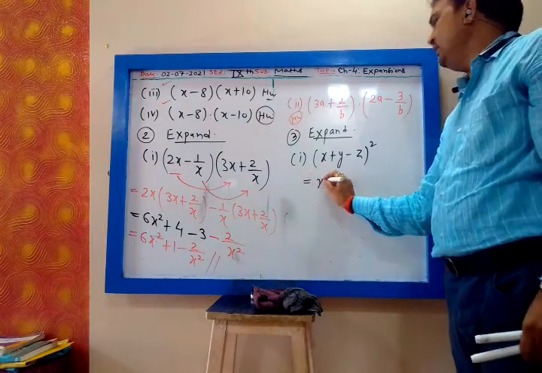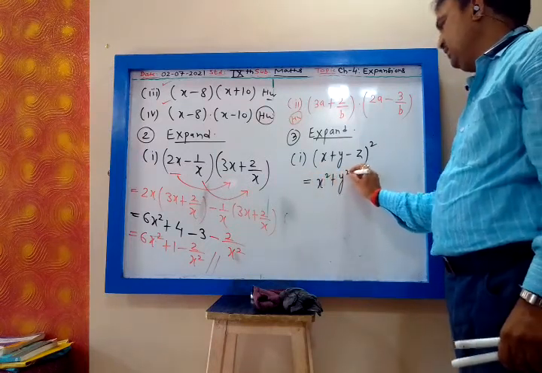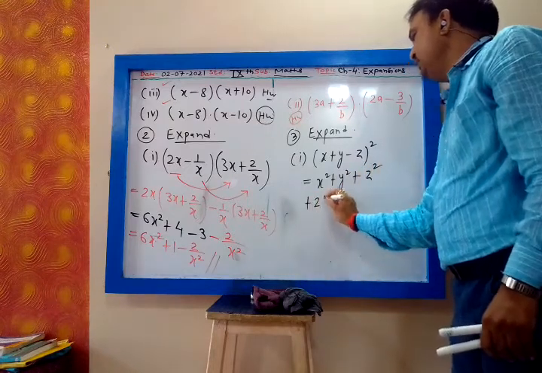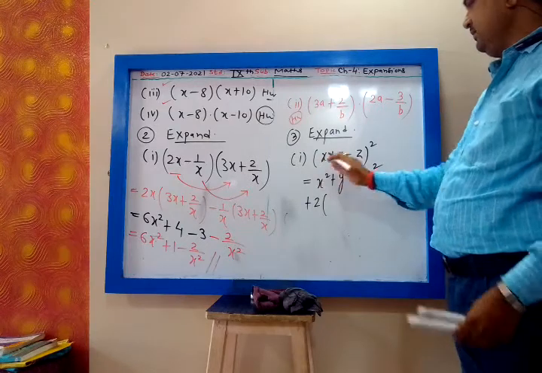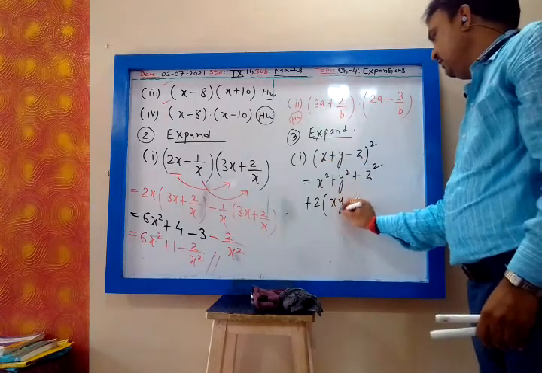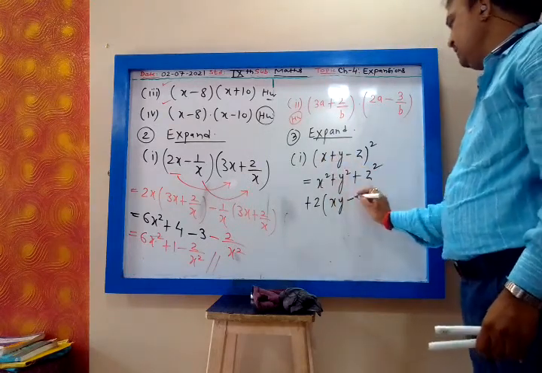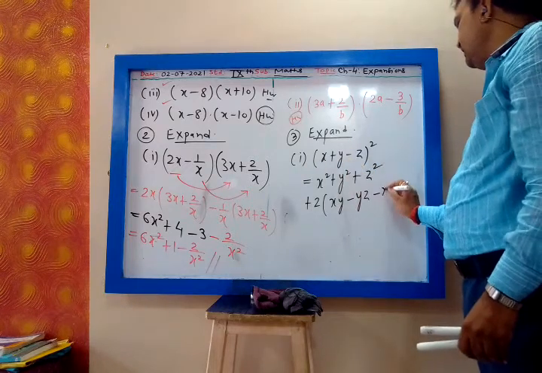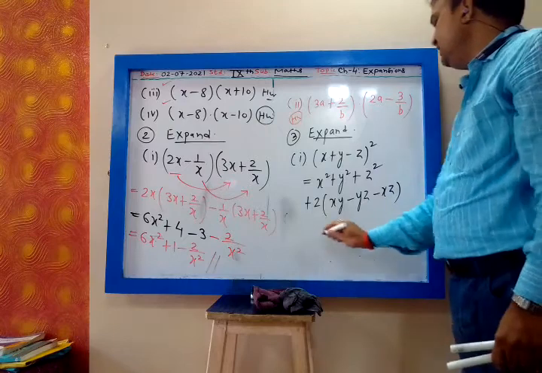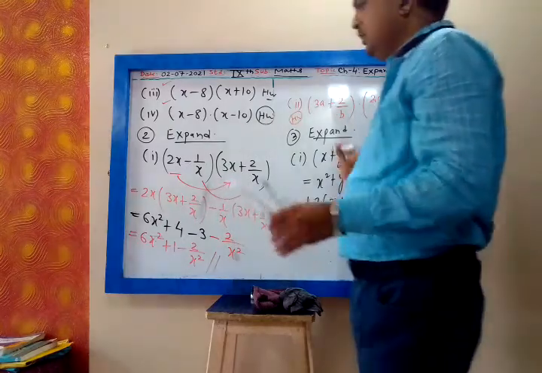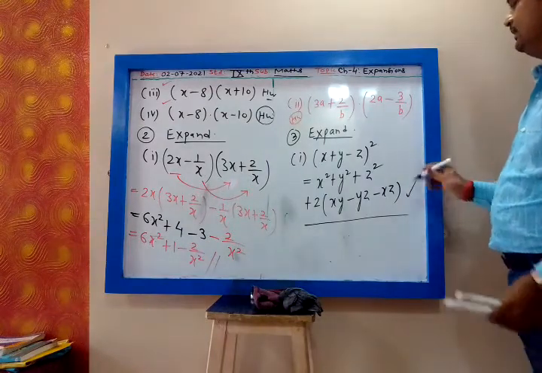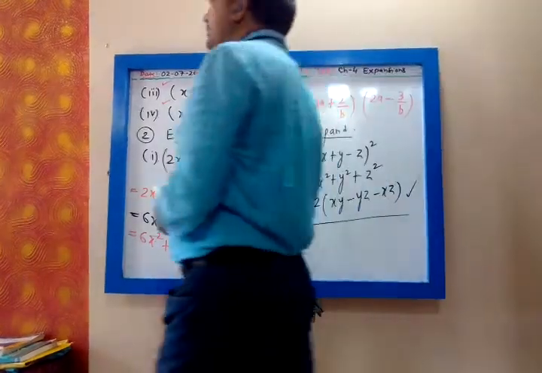That will be x square plus y square plus z square plus 2 times multiply y into minus z, minus yz, minus z into x, minus xz. Yes, this is the answer. No need to open the bracket, you can directly write. This is the answer. Okay?